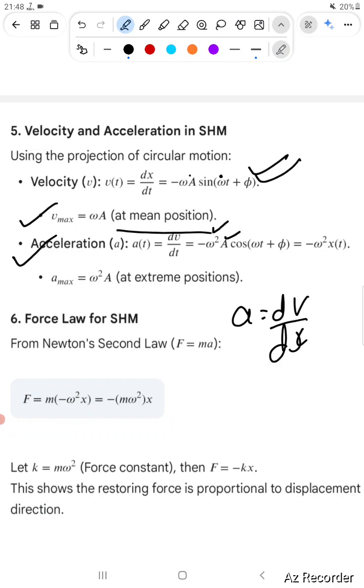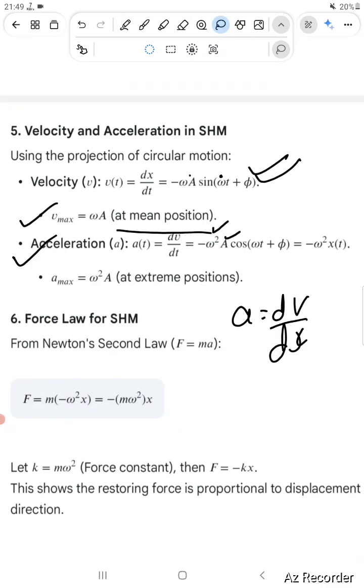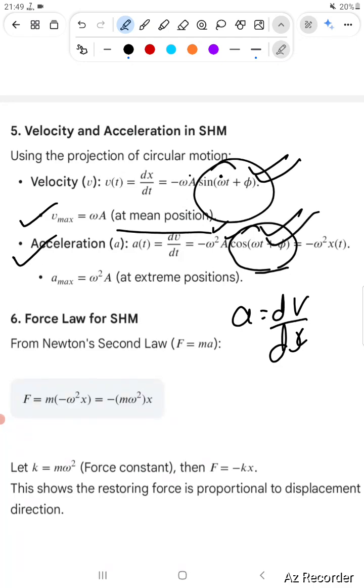Here, the differentiation of sine is plus cos, so here you get cos. A cos(omega t) is again the formula of displacement.